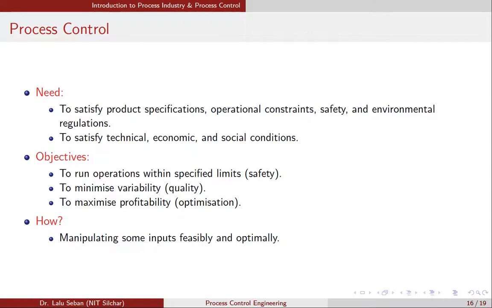So feasibility is also very important. At the same time, we have to select inputs which are less costly. If you are changing inputs which are very costly, we cannot call that an optimal operation.